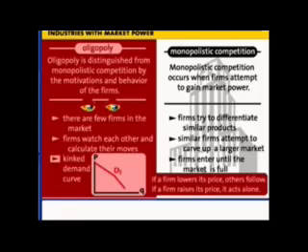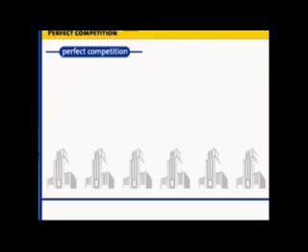A final market structure is the one that economists seem to have the most definitive things to say about, and that is the case of perfect competition. Perfect competition exists whenever all of the firms are so small that none of them can really have any direct influence on the price.